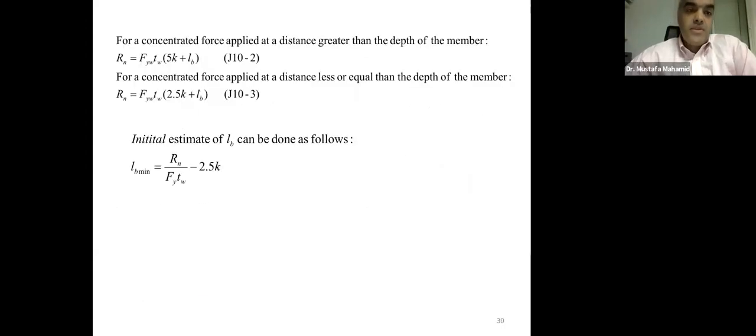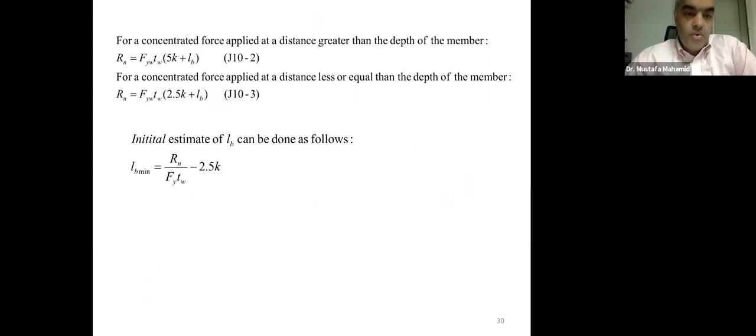And sometimes for design, the capacities are shown in equations J10-2 and J10-3, whether it's within the member or at the end of the member. Sometimes the bearing length is a design parameter that we have to calculate, so we calculate that using the equation shown.